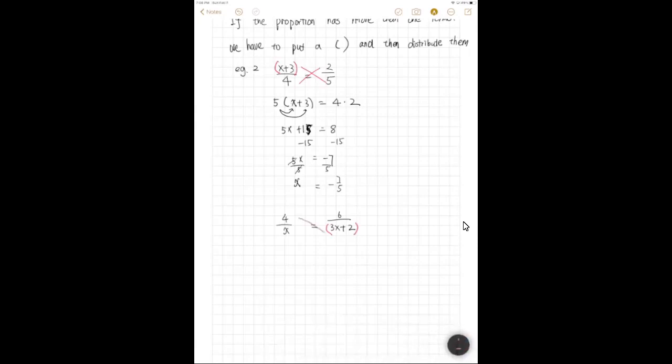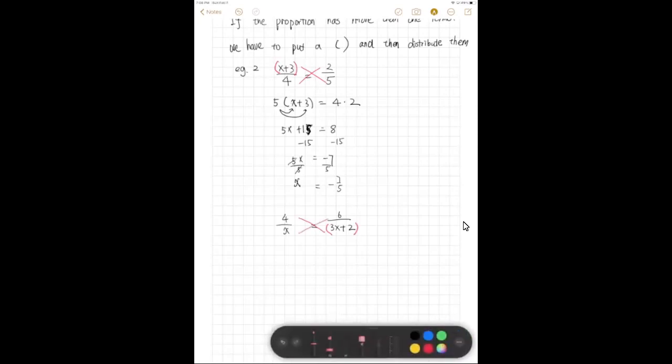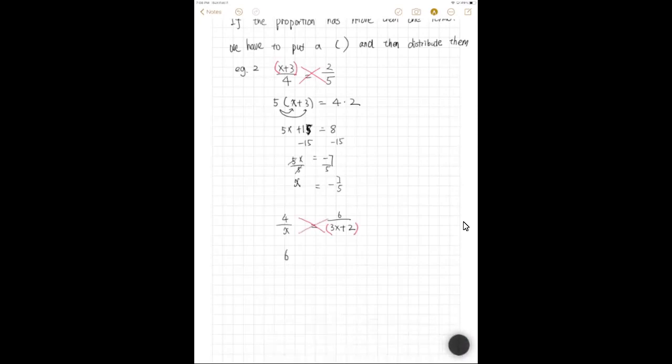We want 4 multiplied by the parentheses, and then x multiplied by 6, so that I have 6x equals 4 times (3x plus 2). And then I distribute the 4 inside the parentheses. So I have 6x equals 12x plus 8.